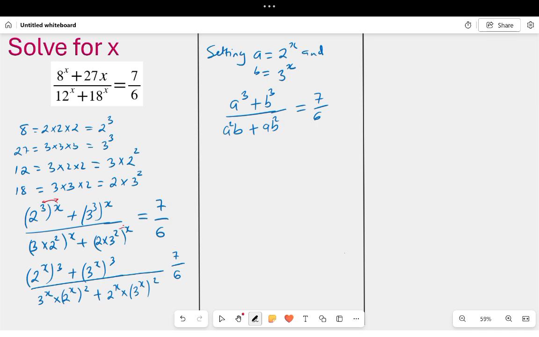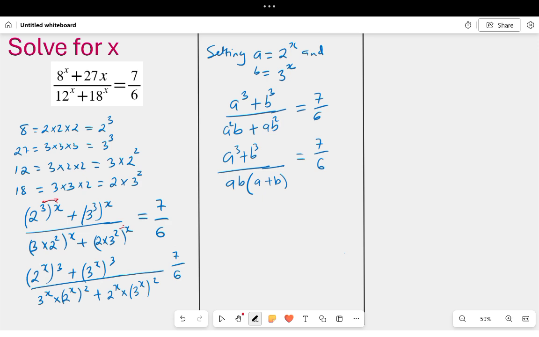Okay, now our next step, we are going to simplify this. All right, so we are going to have a cubed plus b cubed divided by, now we have ab is common, so we have ab into a plus b, which is equal to 7 over 6.